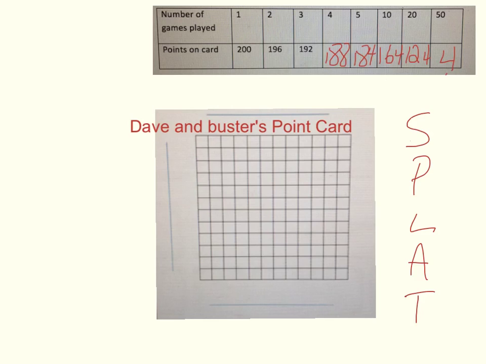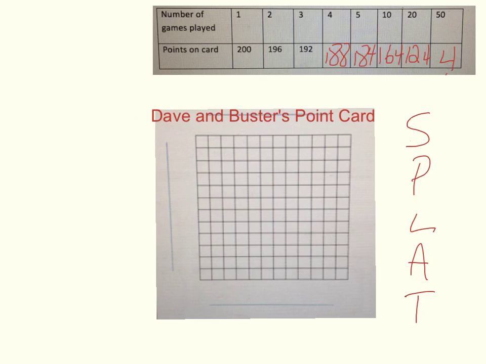And then I need to put the independent and dependent variables on there. There's my title. Independent variable, we said, is the number of games played. That goes on the x-axis.